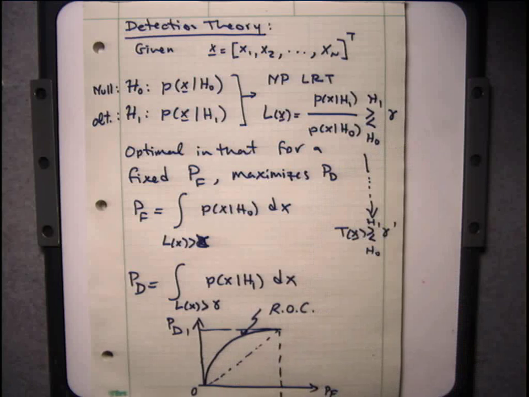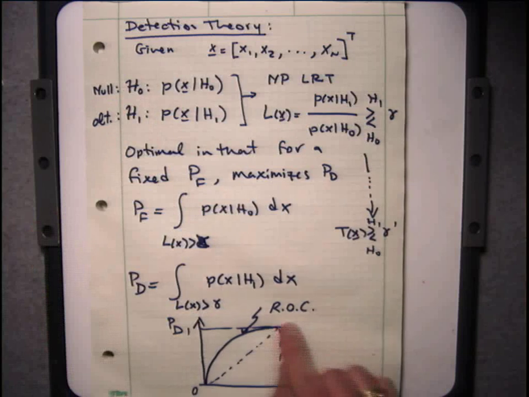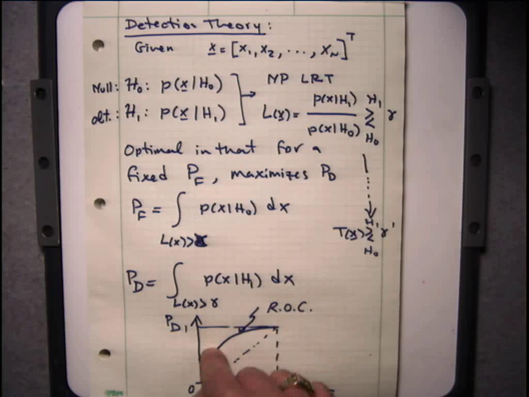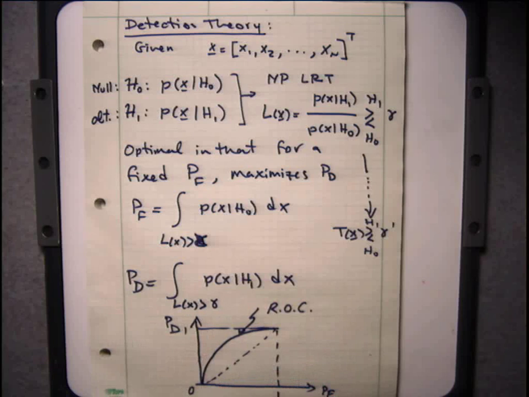On the other hand, if you have some information aside from your data, which you want to incorporate into your decision making, such as how likely is this hypothesis versus this one ahead of time without having any data, you can do that, and what that will do is fix you at some point along this curve at an operating point, just like an electronic device that has an operating point. Okay?